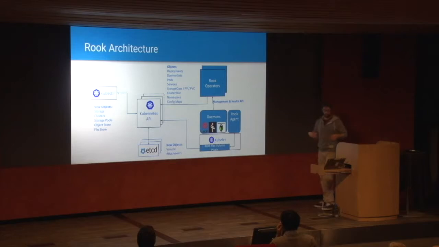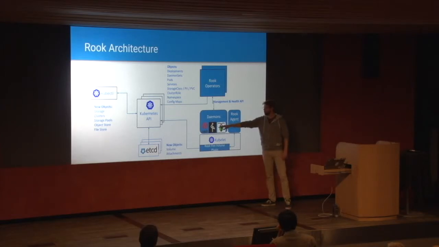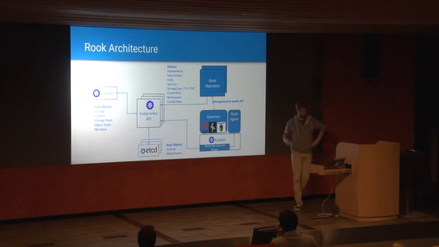When you say, I want a storage cluster, you're specifying what type of storage cluster you want. It could be Ceph, MinIO, maybe a CockroachDB database, whatever storage you want. When you've expressed that need, the Rook operators will deploy the specific storage provider that you've requested, in containers or pods, and all the Kubernetes primitives they need to run.